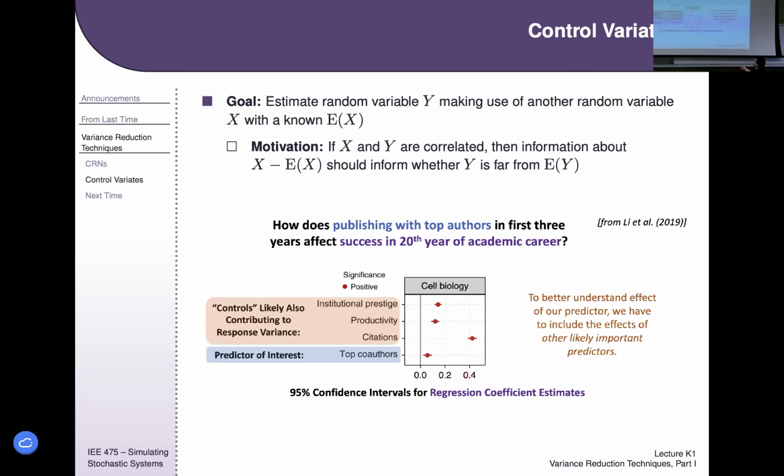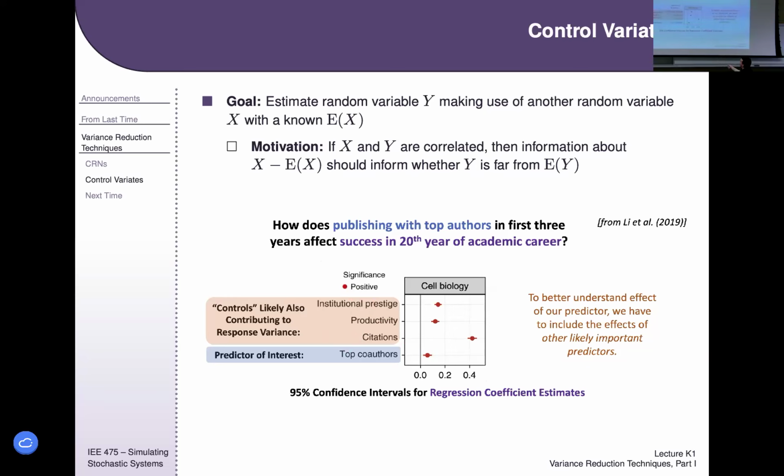Just notice, though, that the one they were interested in, top co-authors, has the smallest effect. It's got the flattest slope. If they hadn't controlled for these extra sources of variance, the confidence interval here would be very large, because they're trying to look for a signal due to which authors you published with, but without accounting for all of these things, there's extra noise in the system.